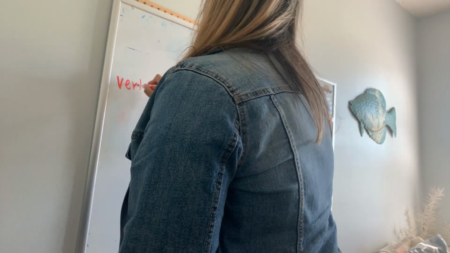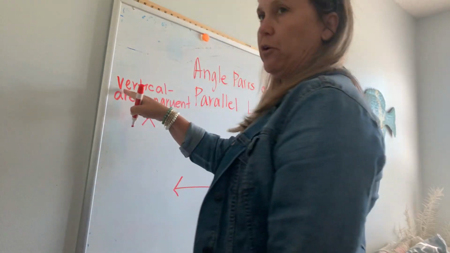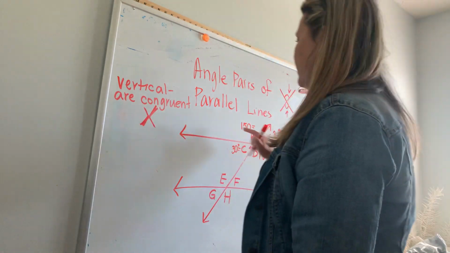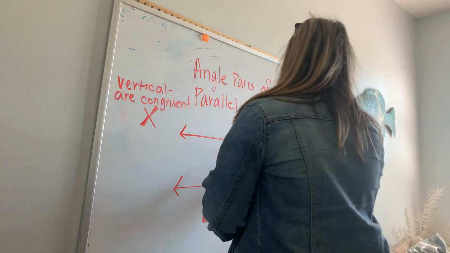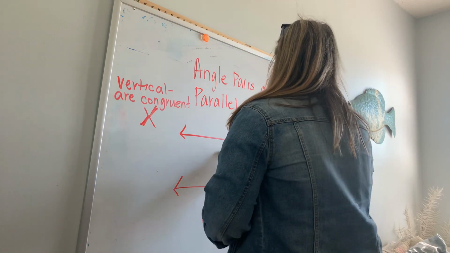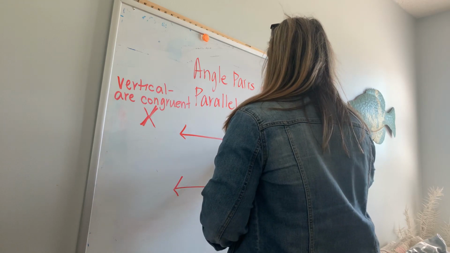Vertical angles are congruent. Vertical angles are the ones that look like an X. Or look, vertical has a V. It looks like two V's. They're the ones that are across from each other in that X. So I'm going to erase this for a second so that you can just focus on the new vocab that I'm going to give you.